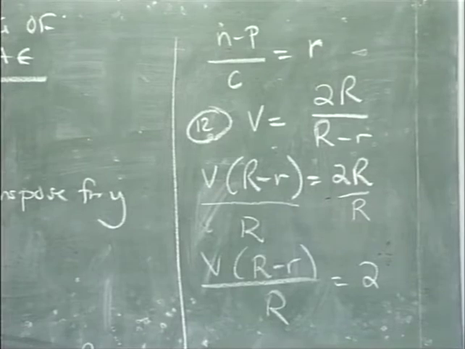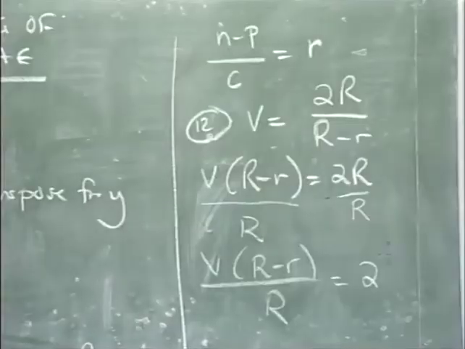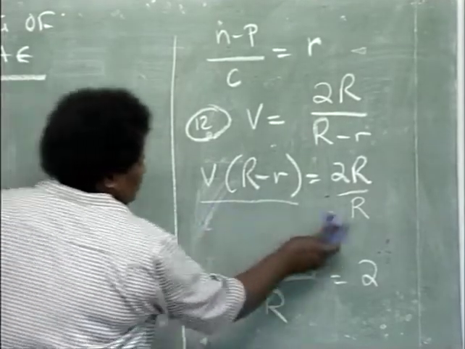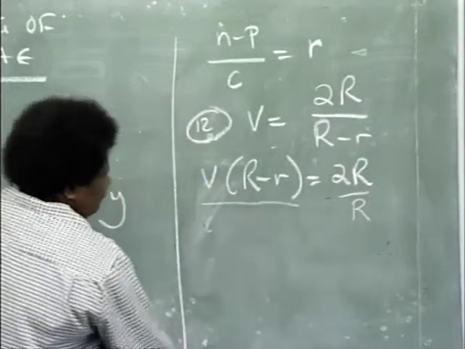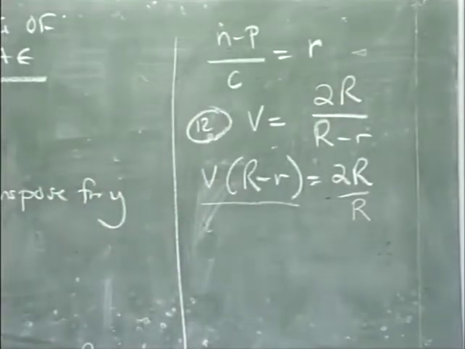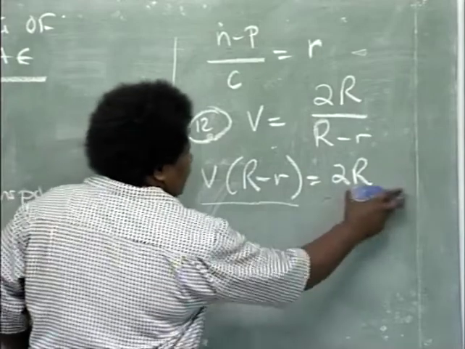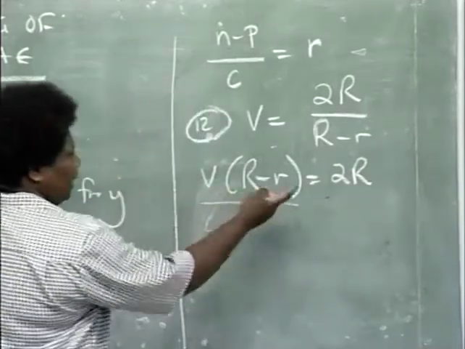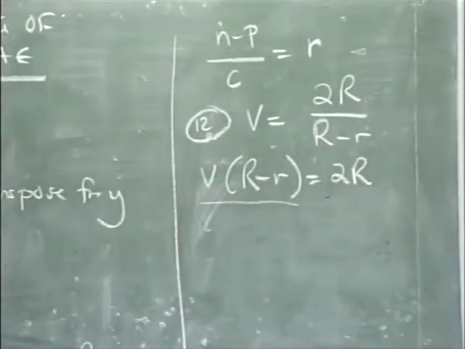Divide by V and big R. Divide by V and capital R at the same time? You are telling me to divide by V and capital letter R.